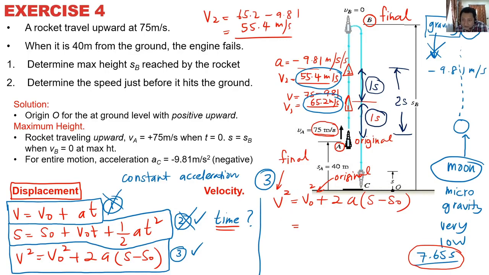Final velocity, bila dia dekat maximum, final velocity will be 0. Original velocity, which was 75 squared plus 2 kali negative 9.81. Original displacement, ini final kan?